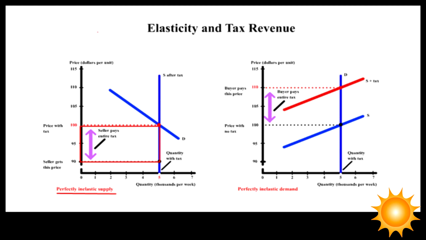The area within this rectangle represents total tax revenue. Here the tax falls completely on suppliers, because the quantity supplied is not affected by tax. Tax on goods with inelastic supply would not distort economic transactions.